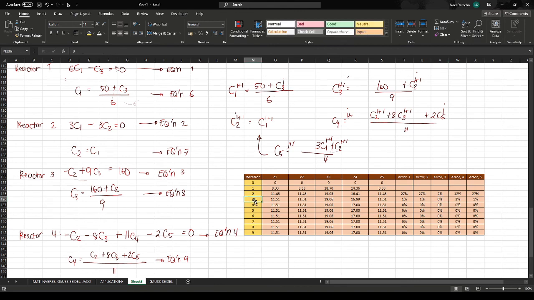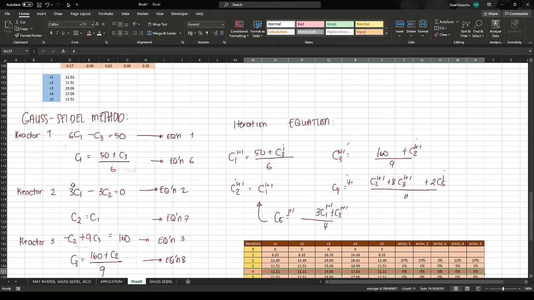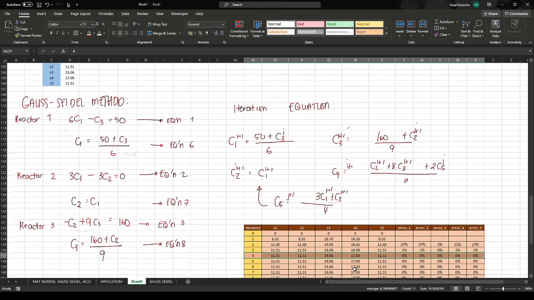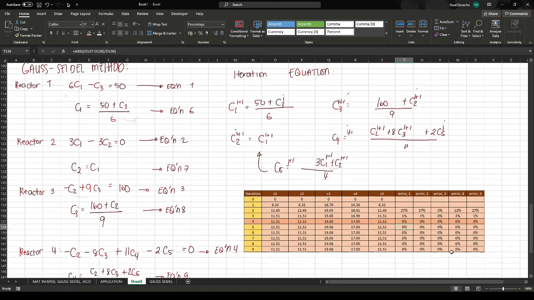Actually, in the second or third iteration, we can say that we already have the answer. So that is the same, no? 11.51, 11.51, 11.51. The answers are the same.